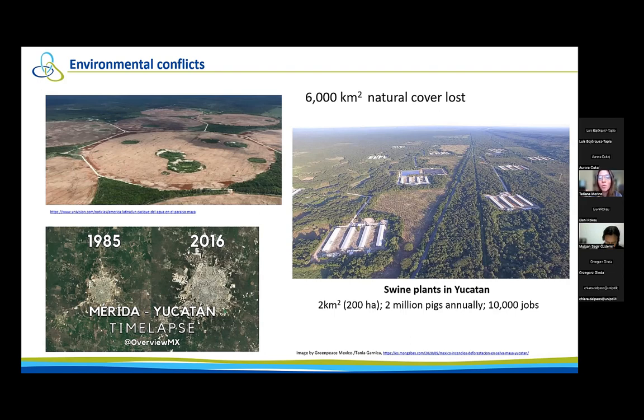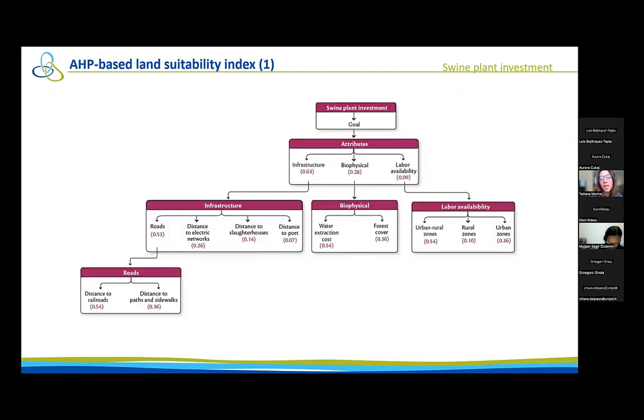So here the question is how to find those optimal locations for swine plant investments in a way that environmental conflicts are minimized. To address this issue, we performed sectoral participatory workshops in order to develop AHP-based land suitability indices.